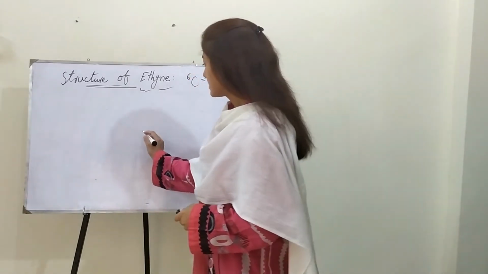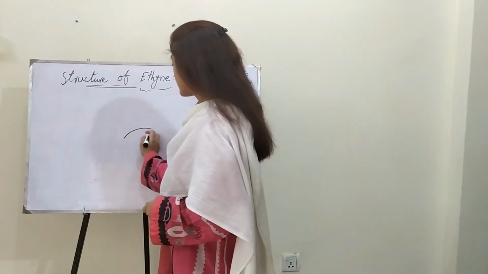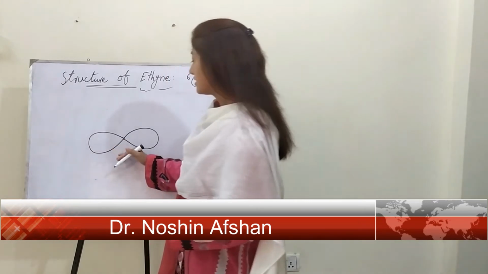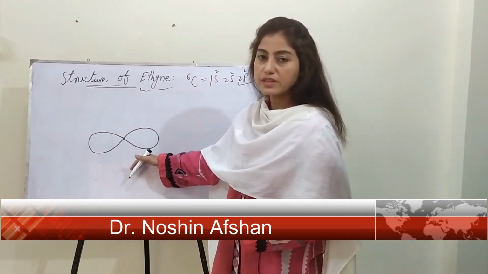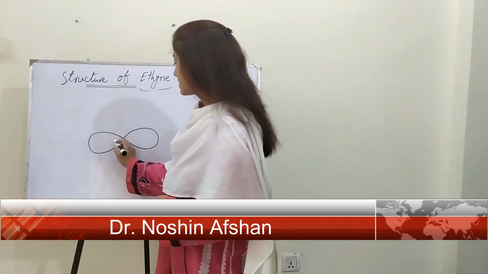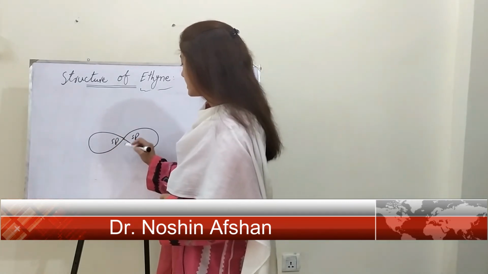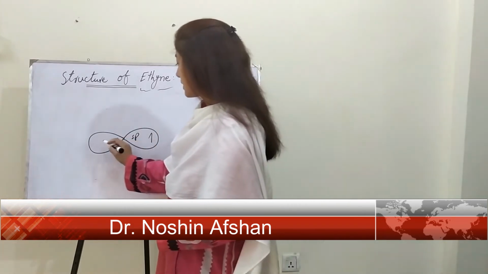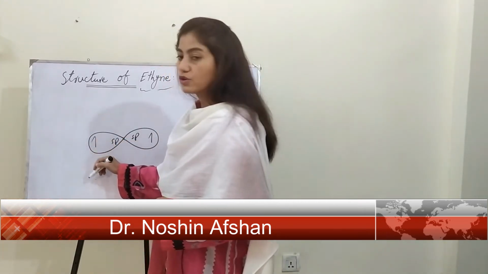So as you know, there are two sp hybrid orbitals and they would be drawn at 180 degrees from each other. This is sp and this is also an sp hybrid orbital, and both of them contain one electron in each of them.